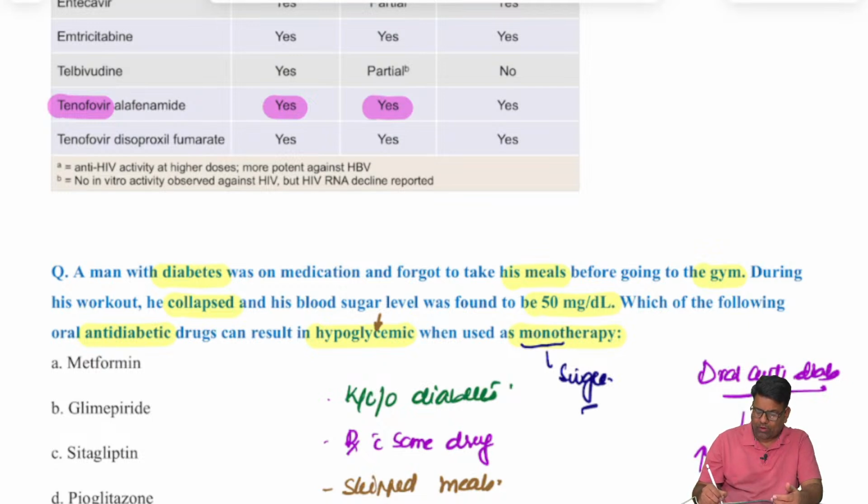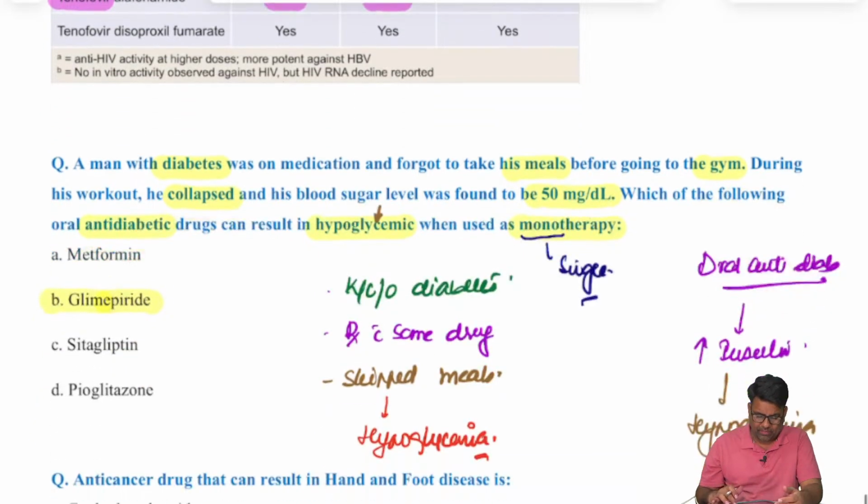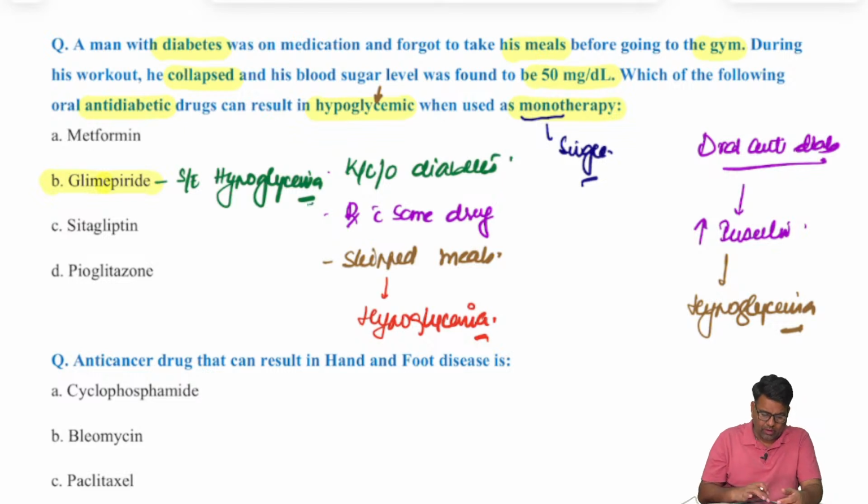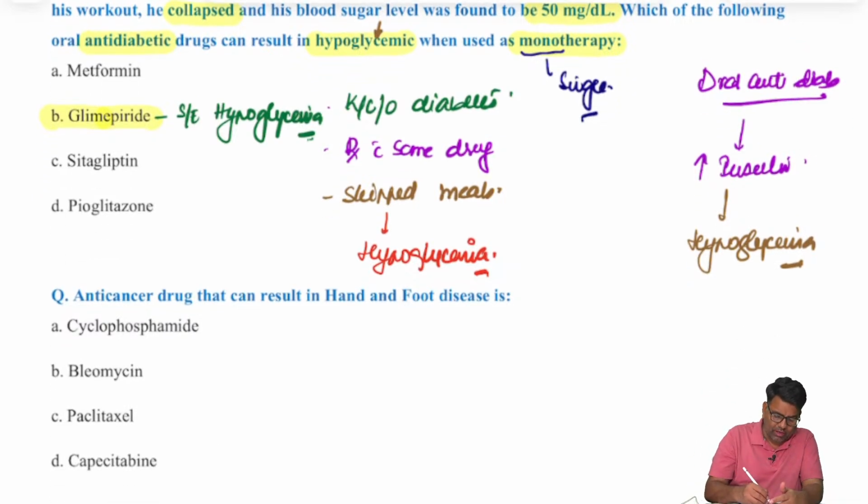So this we have already discussed in medicine, and the answer would be here glimepiride, right? So this is glimepiride. So hypoglycemia is a complication. The side effect, you can remember, like hypoglycemia. Gliptins can have that side effect, but very less possibility as compared to glimepiride, that is sulfonylurea.